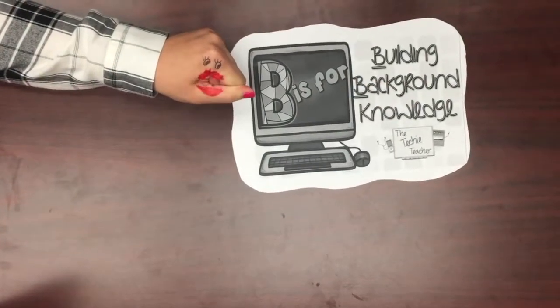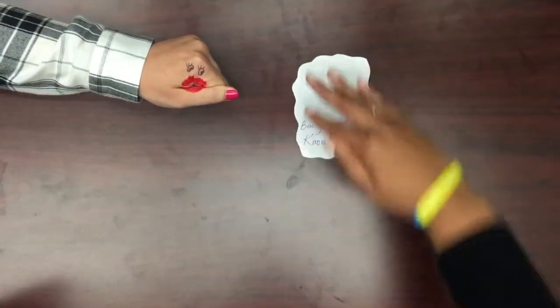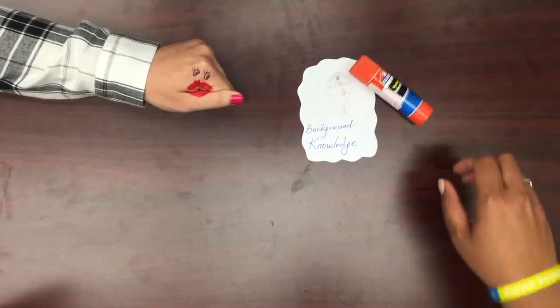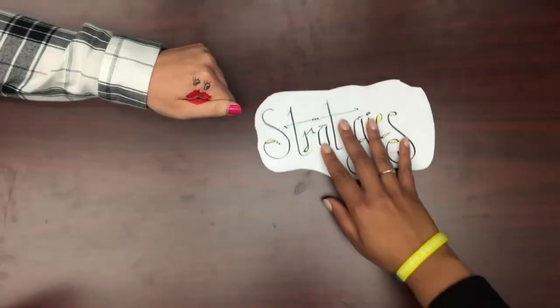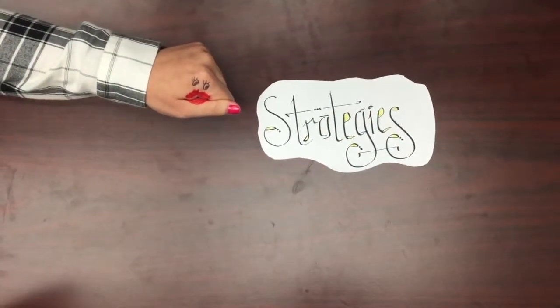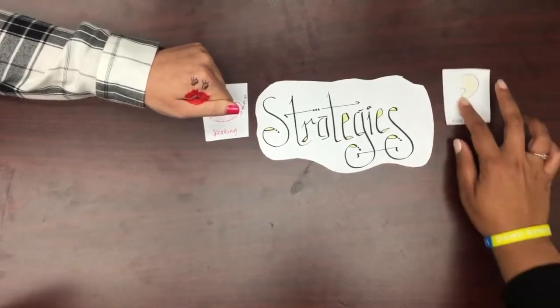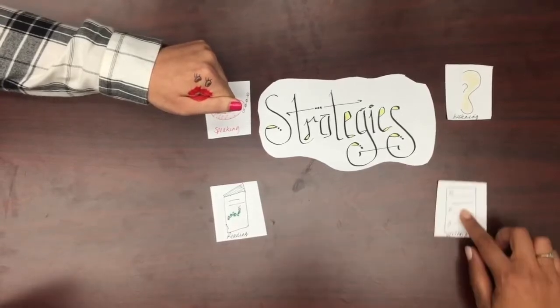Hi! B is for building background knowledge. What is it? Background knowledge is the glue that makes learning stick. Strategies. We have speaking, listening, reading, and writing.